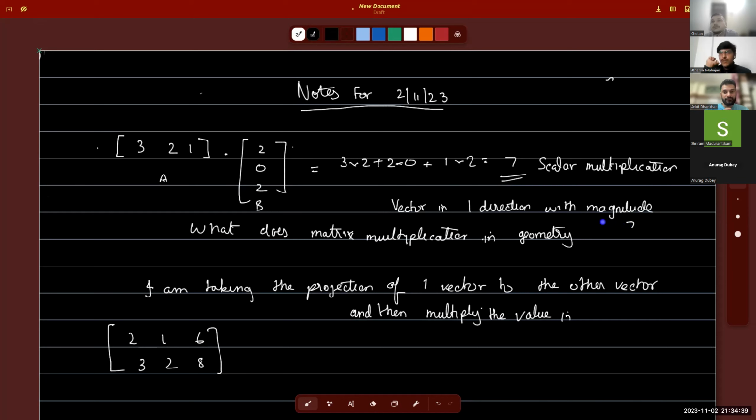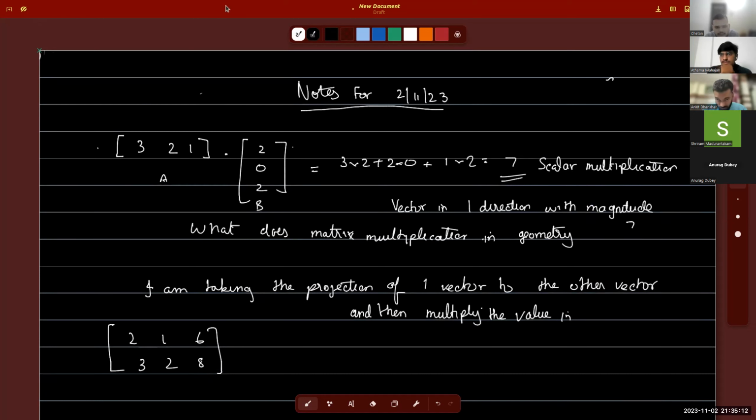Okay, so maybe we should draw a diagram for this. A vector in one direction with magnitude 7 also has -7, so you have to specify that difference. No, you are just multiplying a scalar value 7 with the vector 1, so you're scaling it by a magnitude of 7. That's it. If you want to reverse the direction, you multiply it with -7.